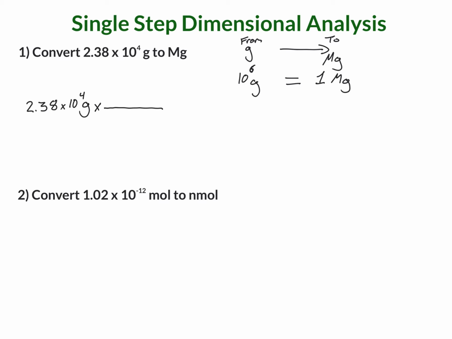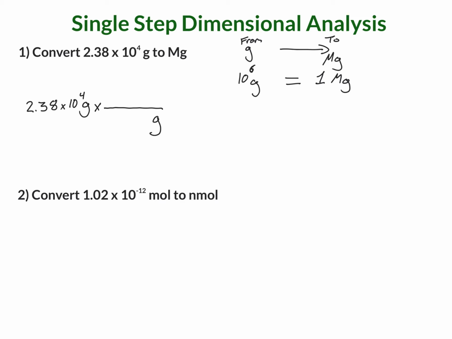So the next thing we should know is that grams is what I have here in the numerator. That means grams better be what I have here in the denominator. So I'm going to start off by writing grams there. That means that this is the part of the conversion factor that I write in the denominator. That's what goes down here.